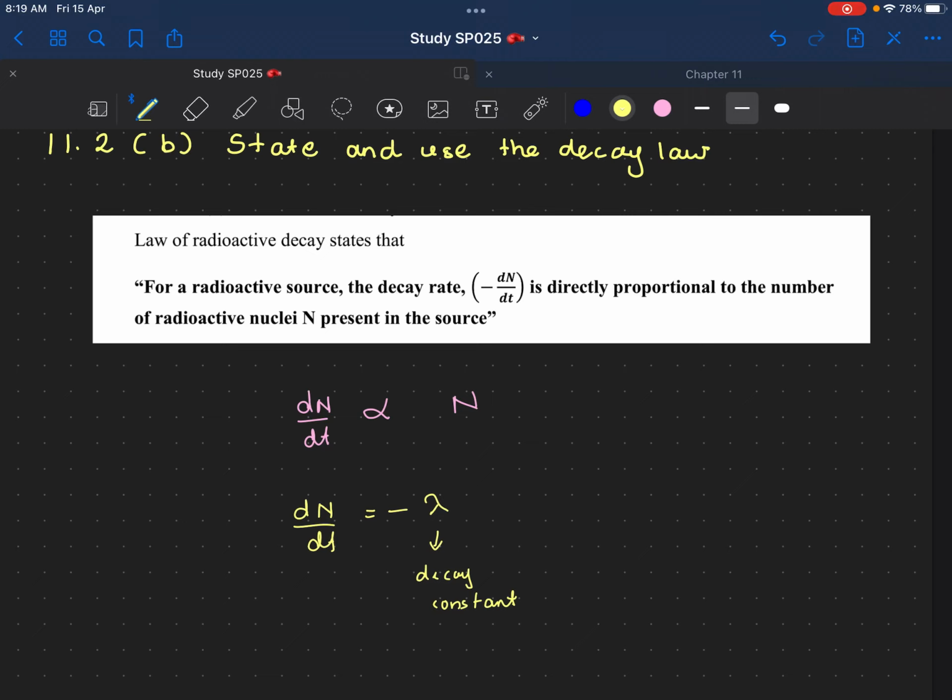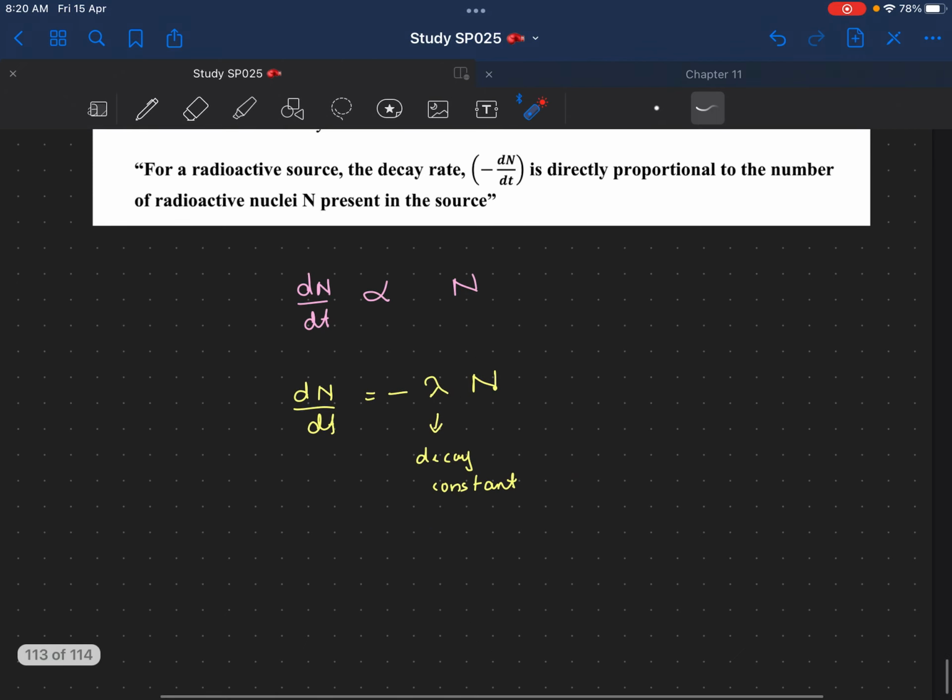So berbeza-beza lah untuk setiap elemen yang ada dekat dalam periodic table tu. So why we have a negative sign over here? So negative maksudnya indicates that dia mengalami proses decay lah. So this value of N will always be decreasing. So that's we call as a decay rate punya equation.